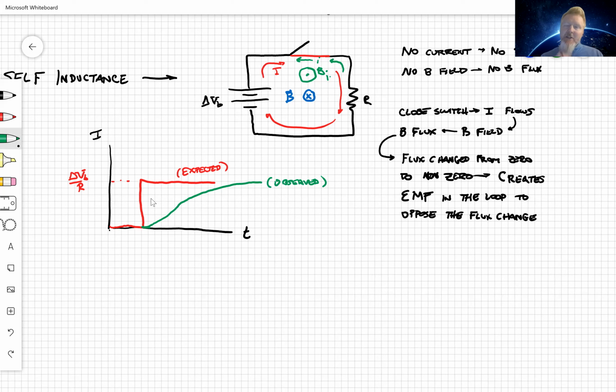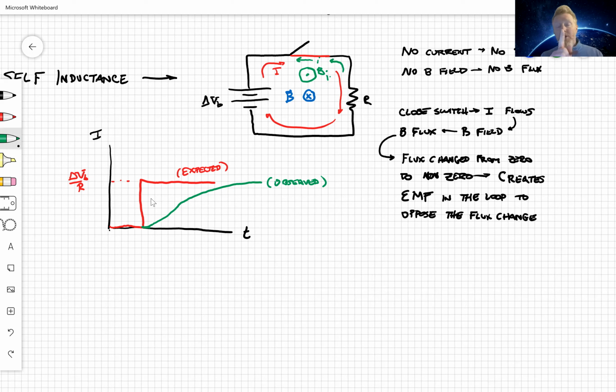And of course, when I say slowly, you wouldn't observe this just with your eyes, and probably wouldn't observe it easily with an ammeter. It happens pretty quickly, on the scale of what we're used to. But on the scale of what the charges in the circuit are doing, it takes some time to build that whole current up. So at every point, there's a back push from the change.